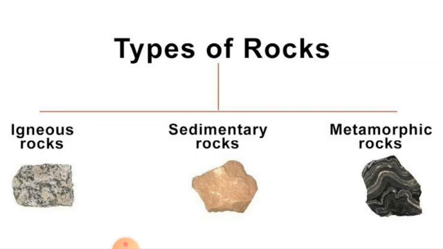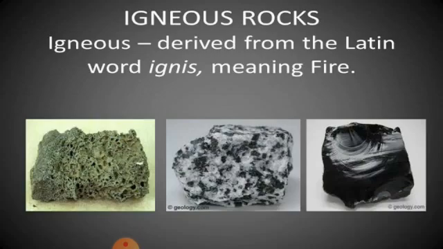Types of rocks. Rocks can be divided into three major types: igneous rocks, sedimentary rocks and metamorphic rocks. What are igneous rocks? Igneous is a word derived from the Latin word ignis.